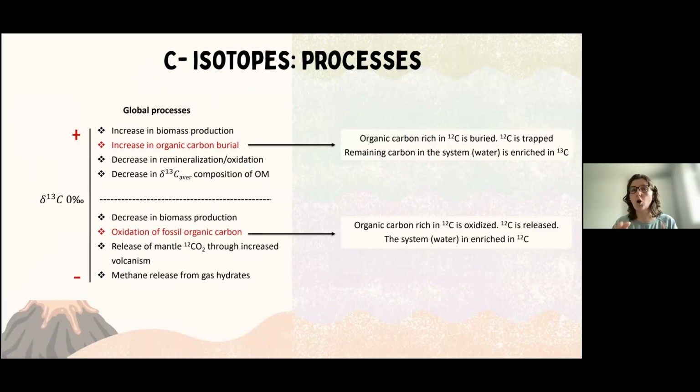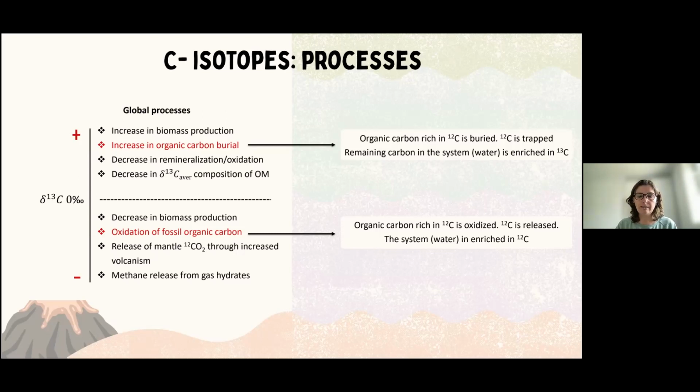But among all these processes, the one that exerts the strongest impact is the increase in organic carbon burial. I don't want to go into too much detail because it's quite complex, but what I want you to know is that most of the time, when we have a positive value compared to the standard, it means that there was an increase in organic carbon burial in the environment.